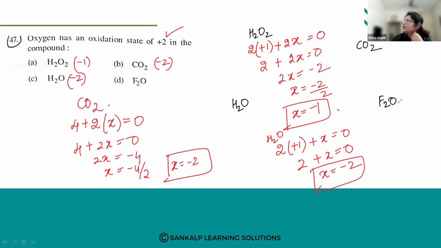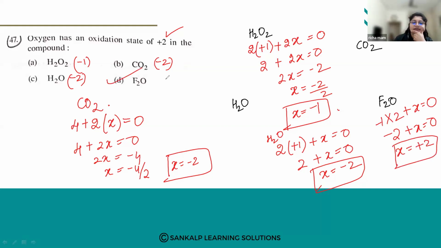Last, F2O, fluorine. Fluorine is minus 1. How many fluorines are there? 2. So minus 2 plus x is equal to 0, x is equal to plus 2. So what is the answer? It is D. Understood? So like this you have to solve.